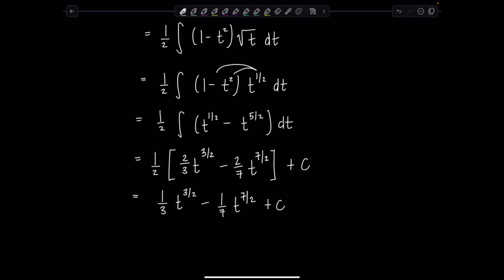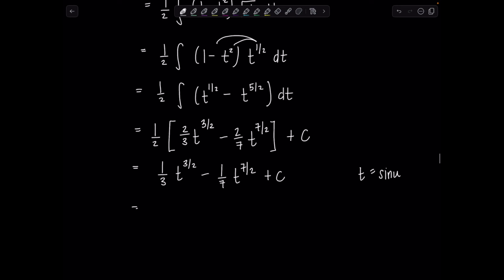And then we got to go back to our original variable. So remember, we had let t be sine of u. So this is going to be 1/3 sine of u to the 3/2 minus 1/7 sine of u to the 7/2 plus c. And u was not the original variable. Remember, we had let u equal x squared.